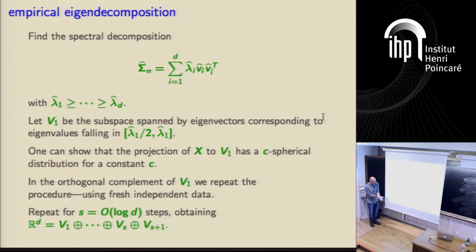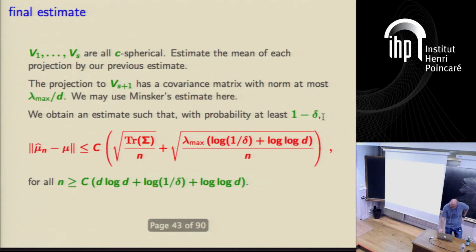In that last subspace, we can just use Minsker's estimator, because in that space the eigenvalues are already so small that Minsker's estimator gives us the right value.